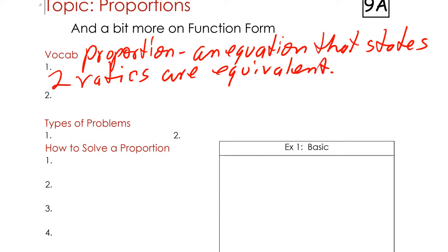Proportion is an equation that states that two ratios are equivalent. And we will be using cross product to solve our proportions.